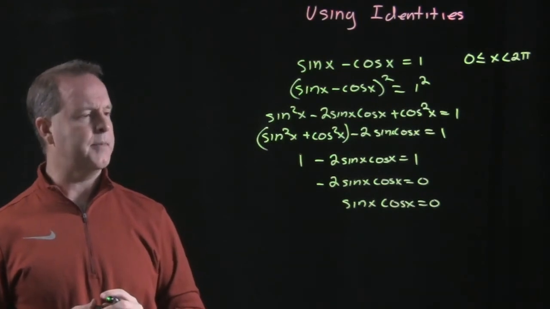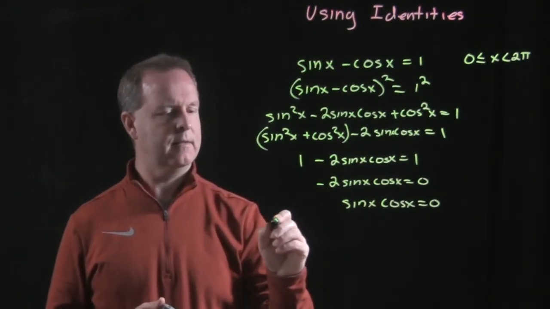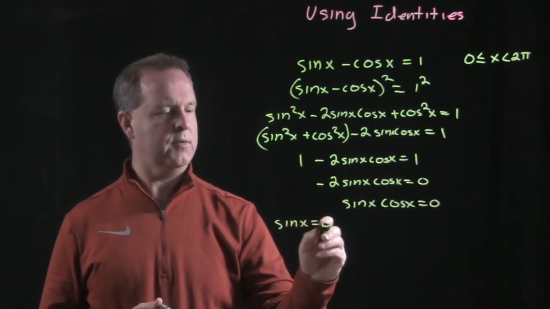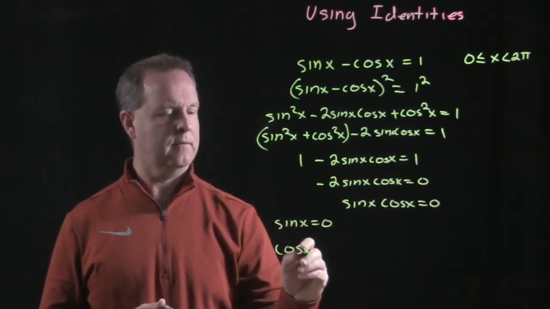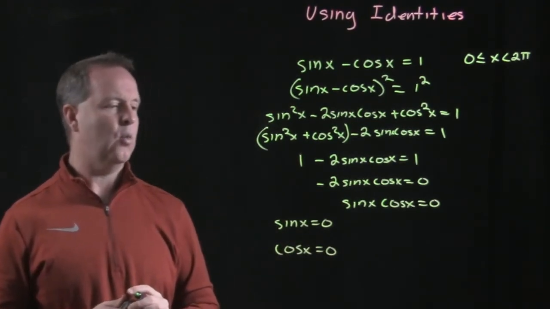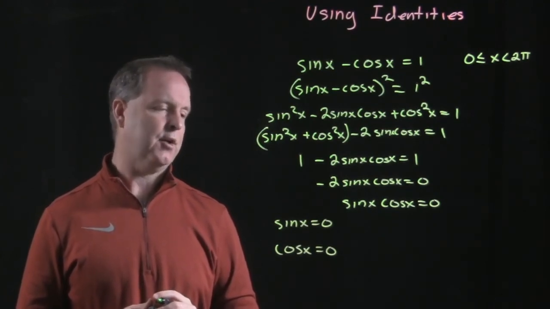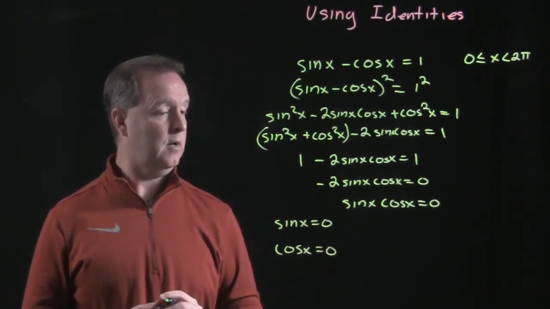Okay, well, that might be something I can deal with. That's true if sine of x equals 0 or cosine of x equals 0. All right. And so what values of x do I get a sine of 0? That occurs at 0 and pi.